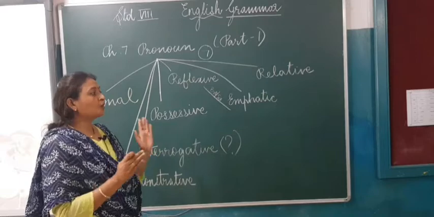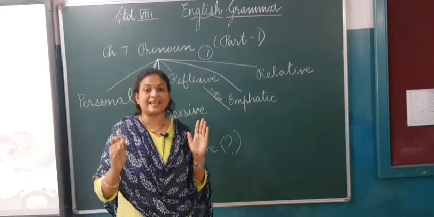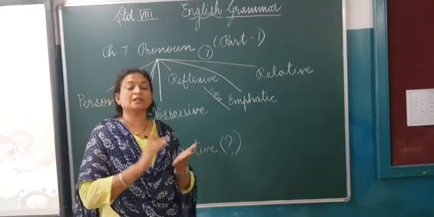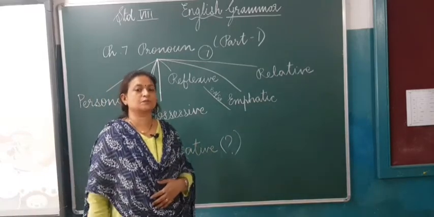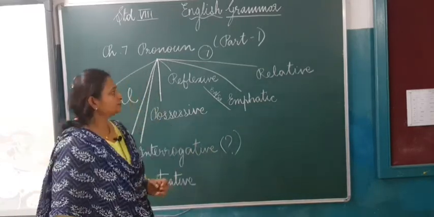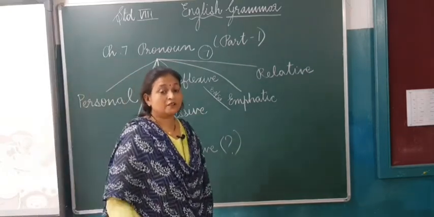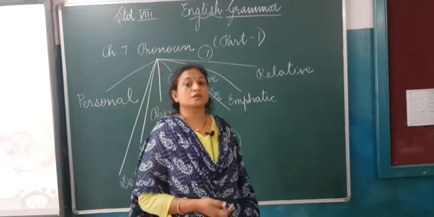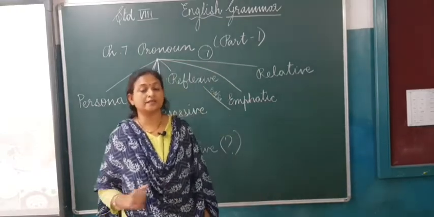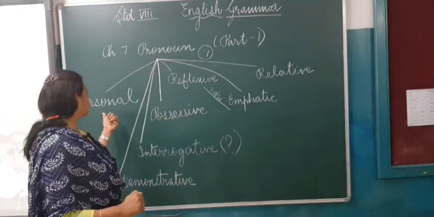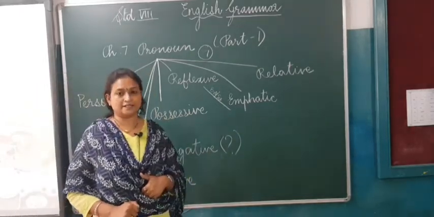Because both have got SELF, themselves. Okay, but how they are different, I'll be explaining in my coming videos. Then there is relative pronoun. Okay, your that, which, all these things come under relative pronoun. So in this video, I'll be explaining personal pronoun in detail.